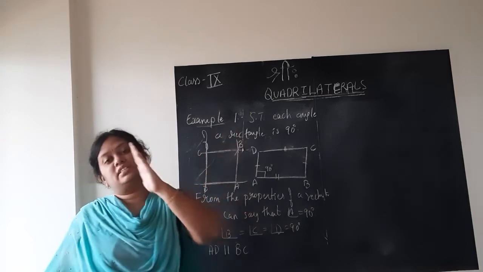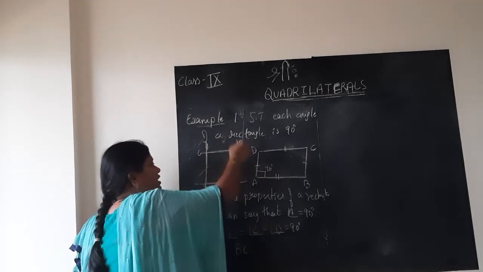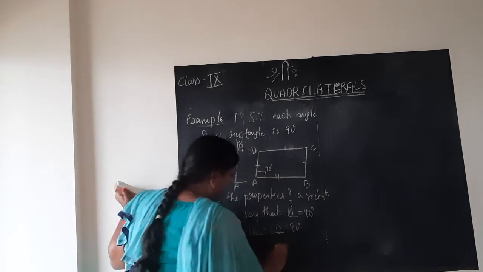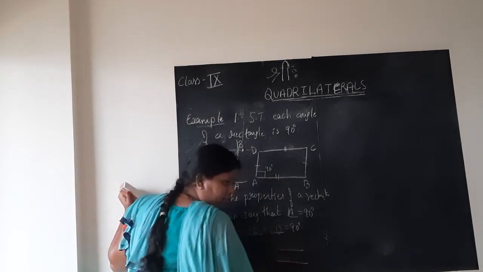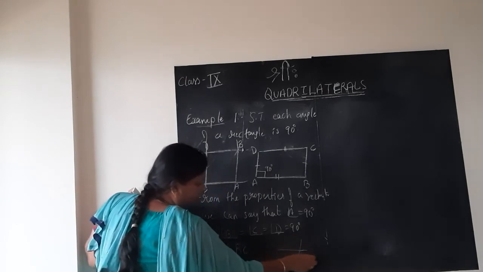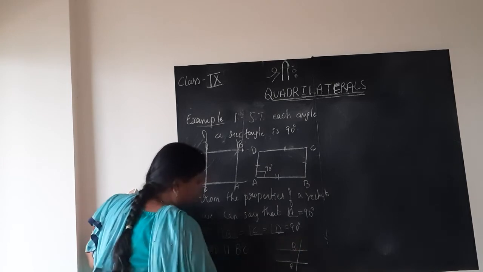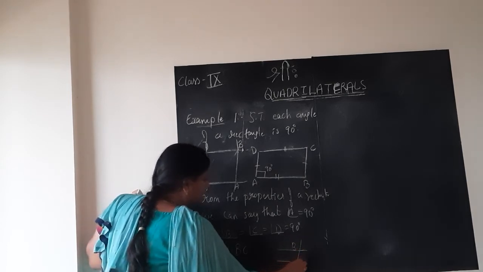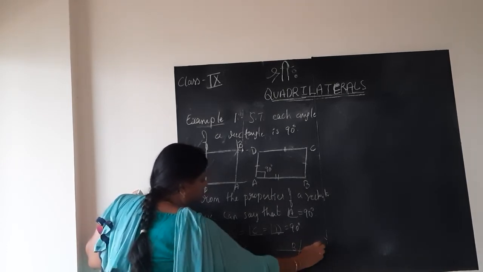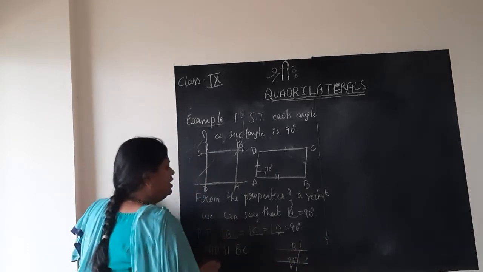Instead I will consider side AB. So side AB acts as the transversal. Imagine two sides of the rectangle. So this is angle A and this is angle B, children. Now I know angle A is 90 degrees.